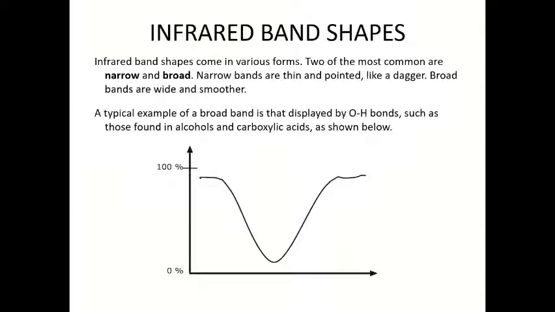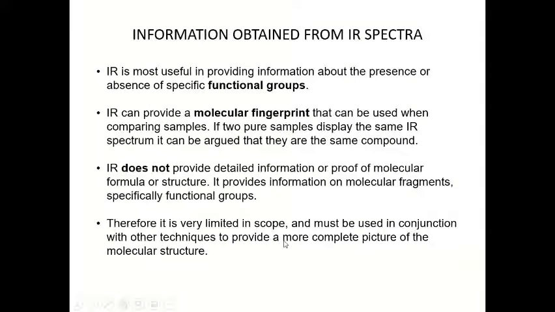A typical, very well-known example of a broad band is that displayed by the OH bond, such as those found in alcohols and carboxylic acids, as shown below. It's a very broad band, very intense.